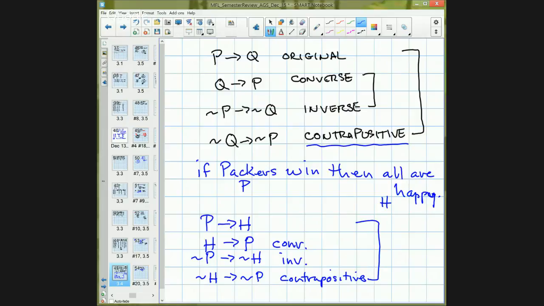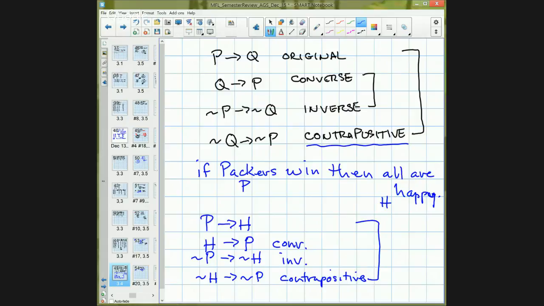Now, caution. Here's what a lot of people fall for. Let's go back to the original. If the Packers win, then we're all happy. Some people, when they write the converse, will say, I'm happy if the Packers win. Technically, I haven't changed anything because the if is still on the Packers winning, like it was in the original.